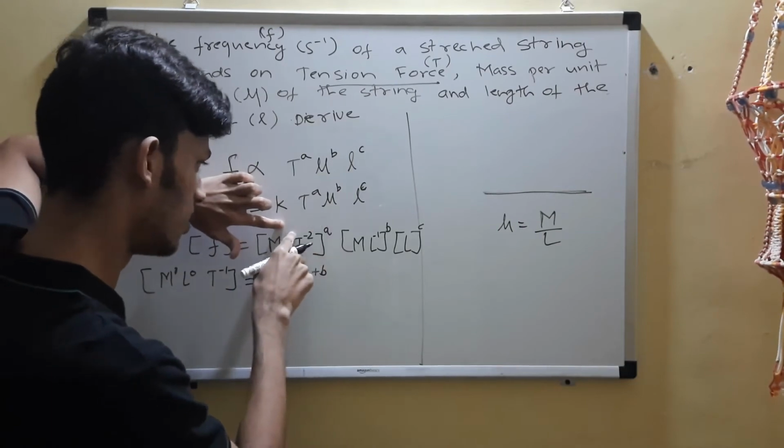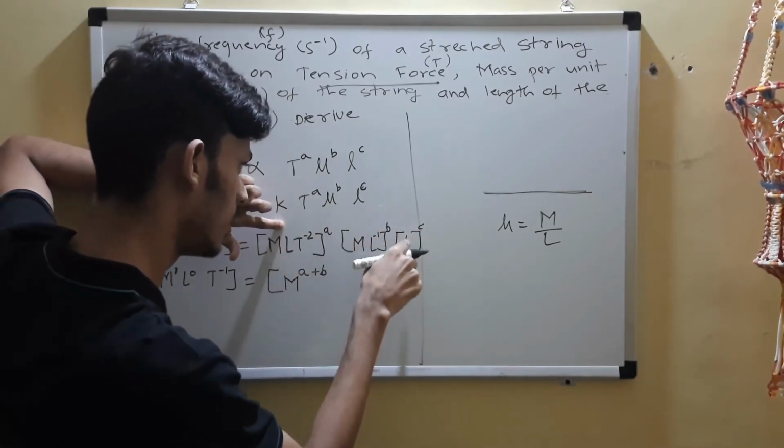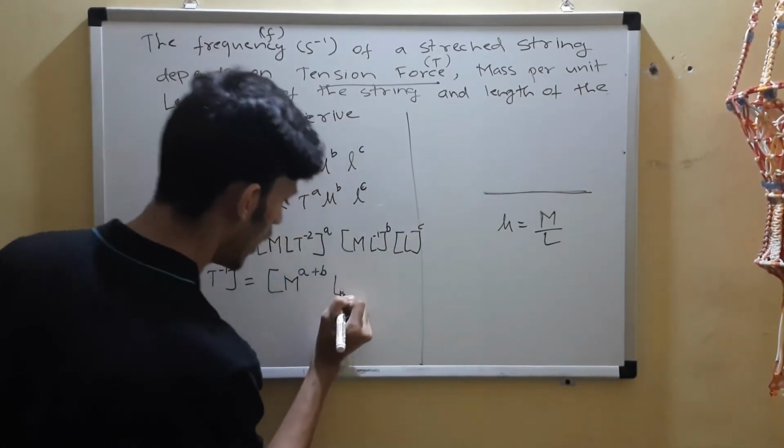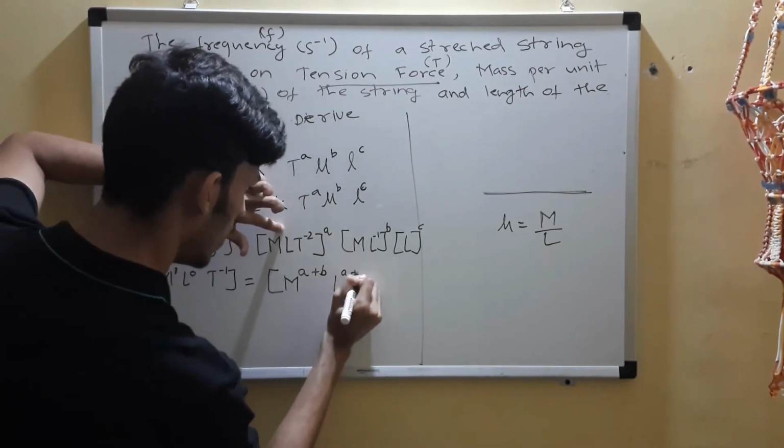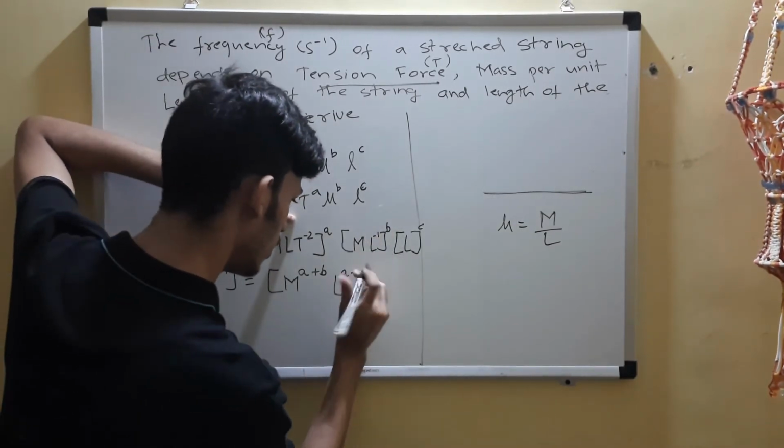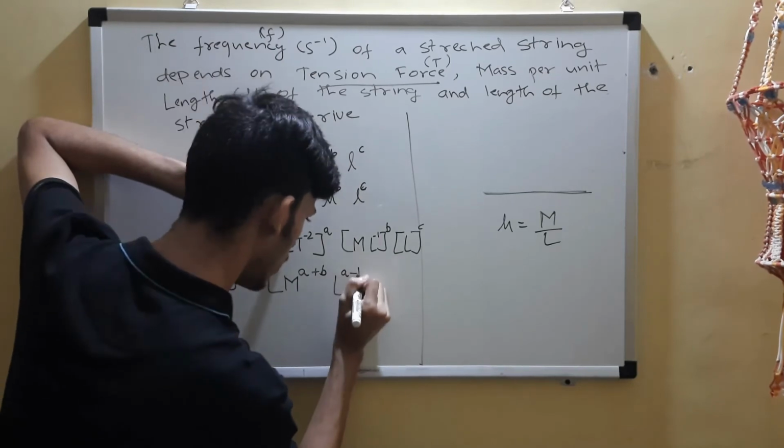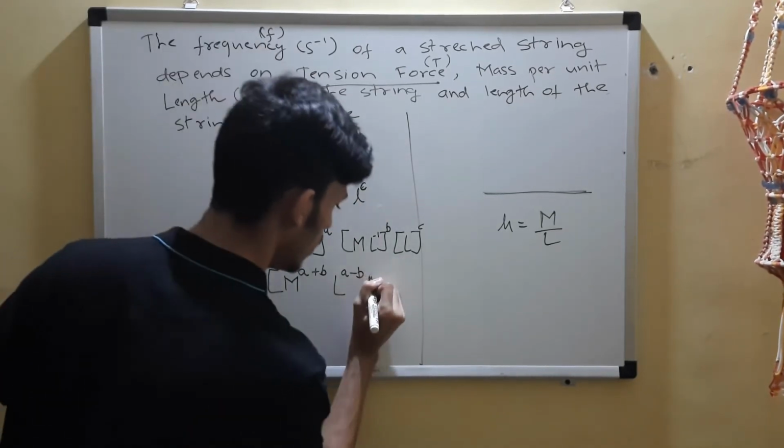Now L raised to A, L raised to minus B, L raised to plus C. So what do we get? L raised to A minus B plus C.